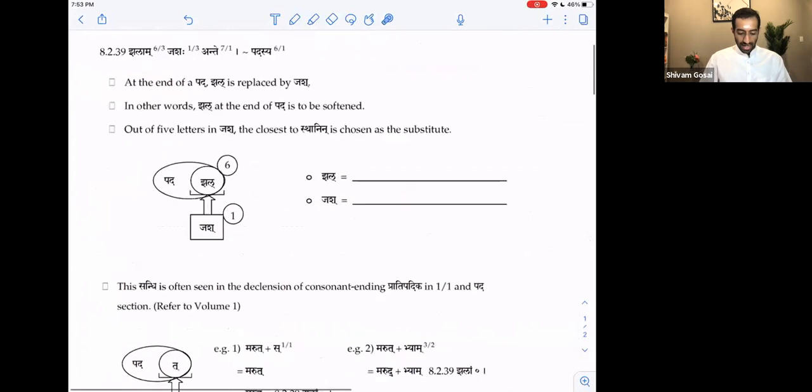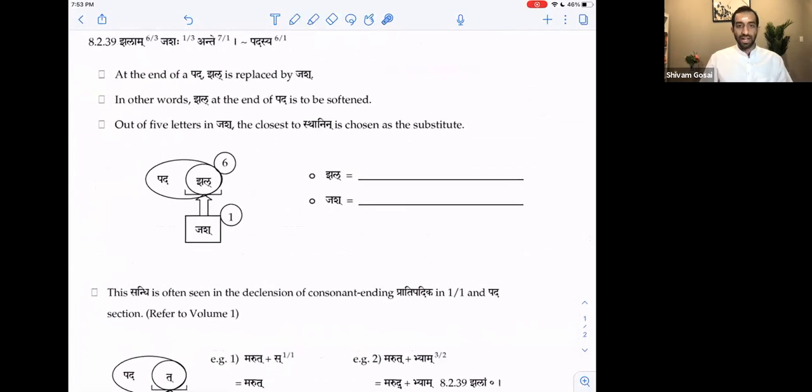At the end of a pada, jal is replaced by jash. That's it. So at the end of a word, either subanta or tinganta, when there's a jal, that jal will get replaced by jash. Now what is jal and what is jash?